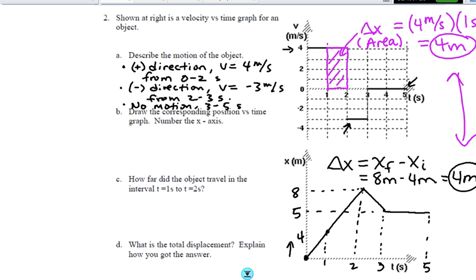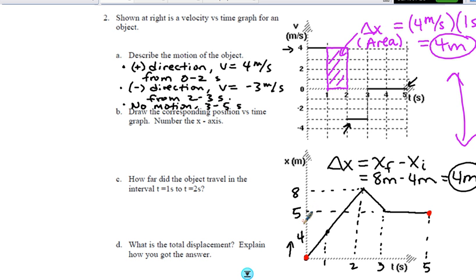Now it says, what's the total displacement for the entire graph? Well, again, we could use both graphs to show the work here. By looking at our position time graph, we see that the object starts at the origin, and having carefully drawn this out quantitatively, we know that after 5 seconds it reaches the location 5 meters.